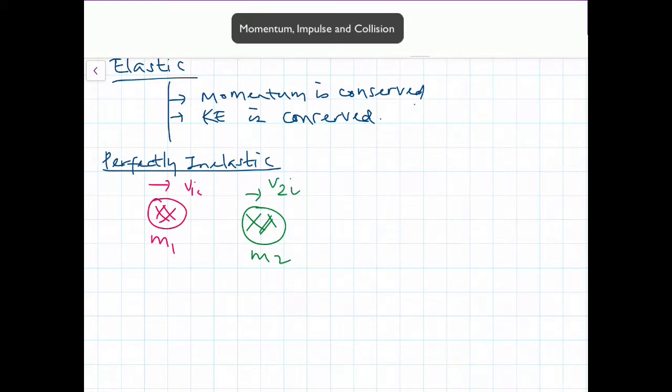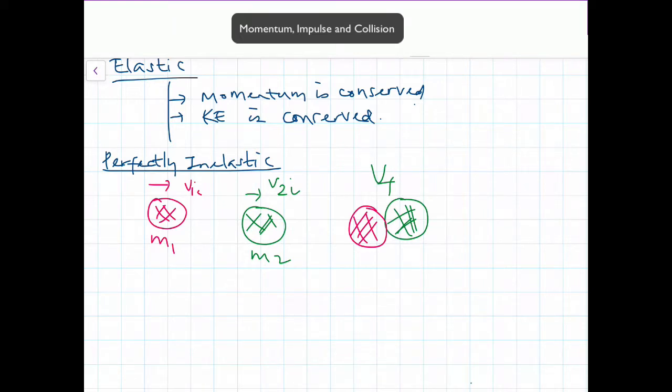This is before, and after they collide, they stick together and move together with the same common velocity. Let's say that common velocity is just v final. As we said, kinetic energy is not conserved, whereas momentum is conserved.